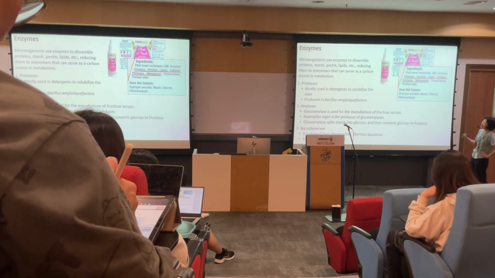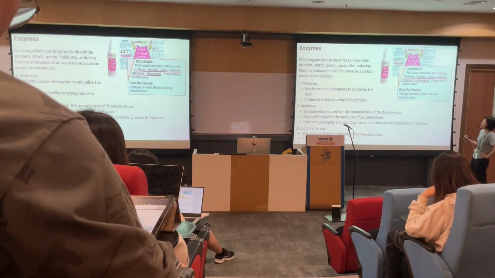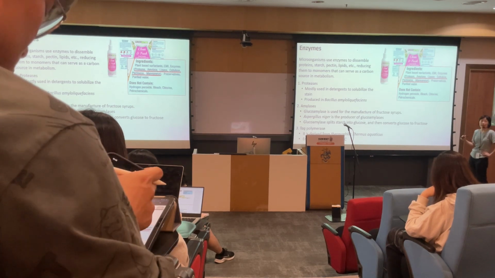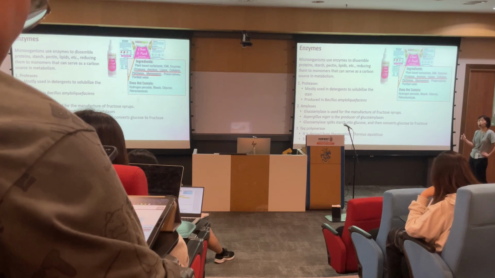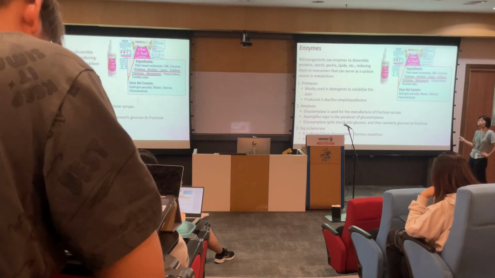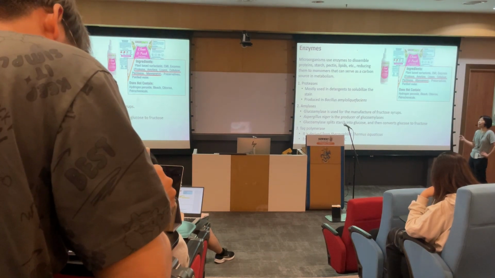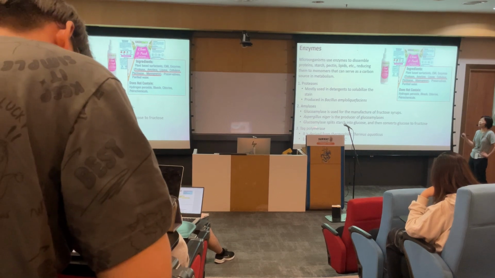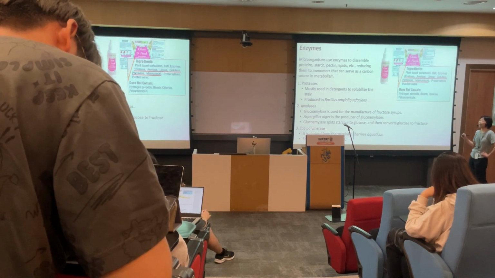The last enzyme, which is not food related, is Taq polymerase. I'm sure you've heard about Taq polymerase. It's an enzyme we normally use in hospitals and research labs for PCR, polymerase chain reaction, because this polymerase is very special and can tolerate high heat.